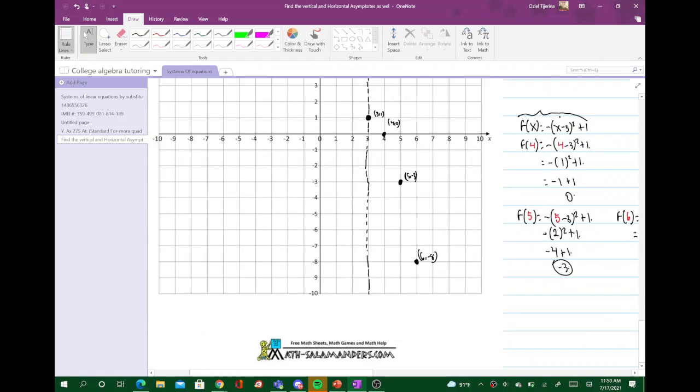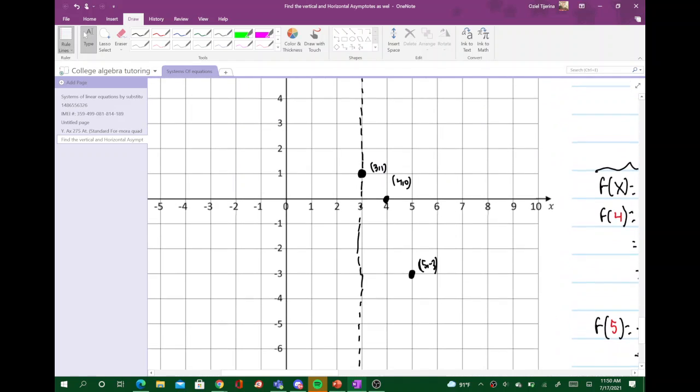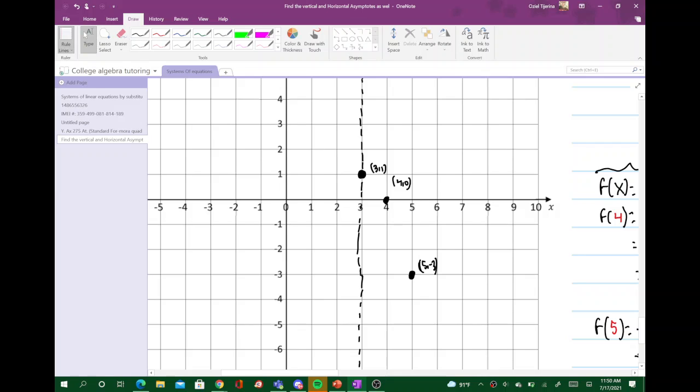Now, like I said, we're going to reflect our points. So think of this as kind of like a mirror, right? You're going to go to the left. So here we have this point here. We're going to go 1, 1. So here's going to be our other point. And then here, to get from this point to the axis of symmetry, we go 1, 2, and then we go 1, 2 again.